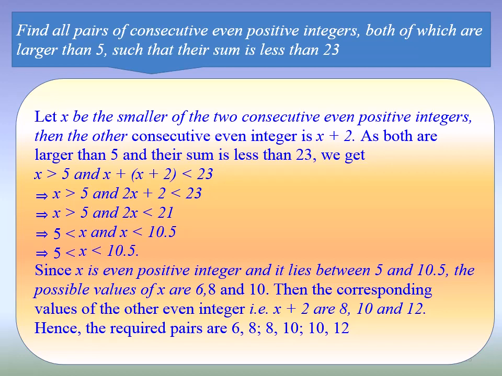We can start after 5 and we have to end before 10.5. So our answer is 6, 8 and 10. Then the corresponding values of the even integer x plus 2 are 8, 10 and 12. Hence the required pairs are 6, 8; 8, 10; and 10, 12.